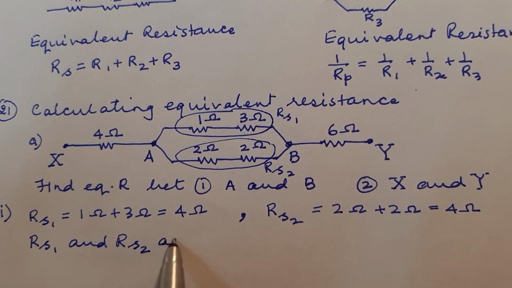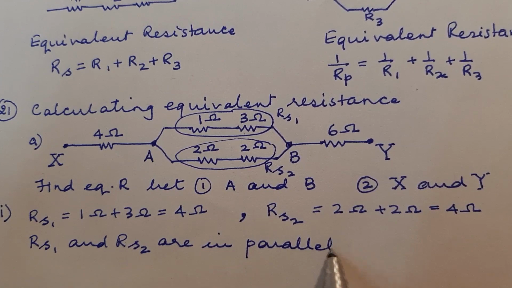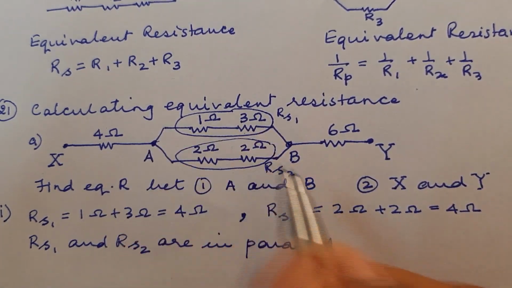Now you will see that RS1 and RS2 are in parallel because they are in 2 branches like so.